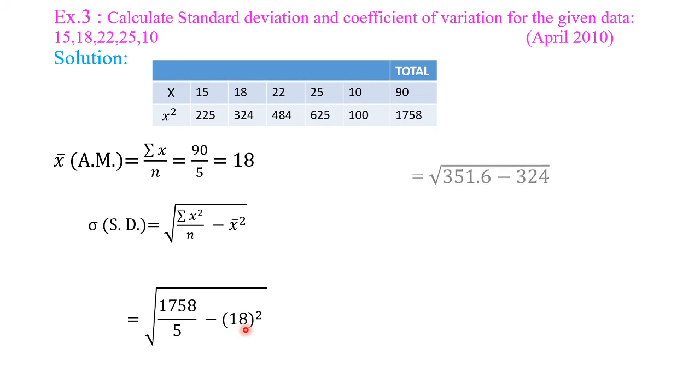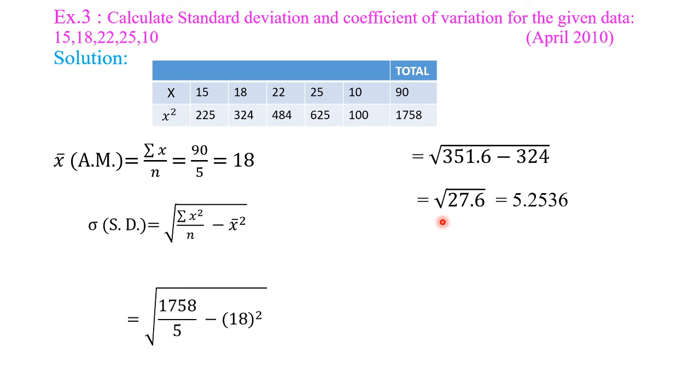So we get under root 351.6 minus 324. So we get under root 27.6, which is equal to 5.2536.